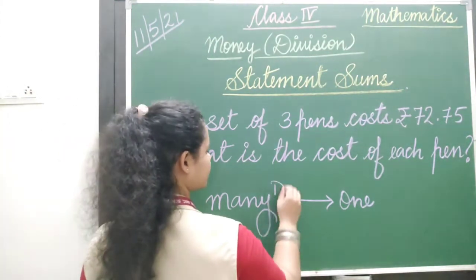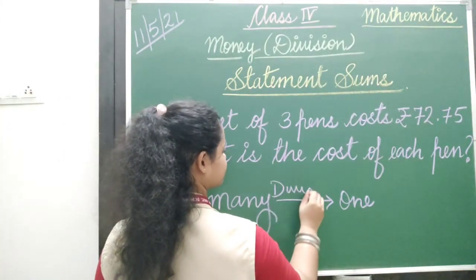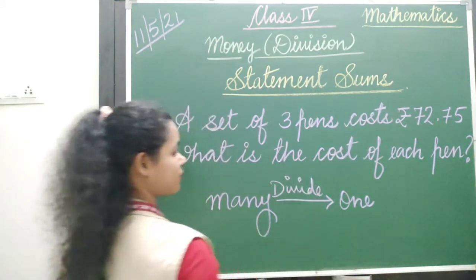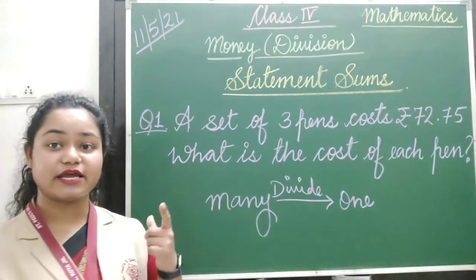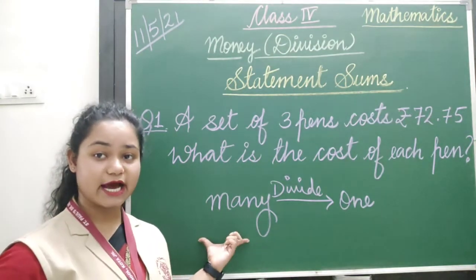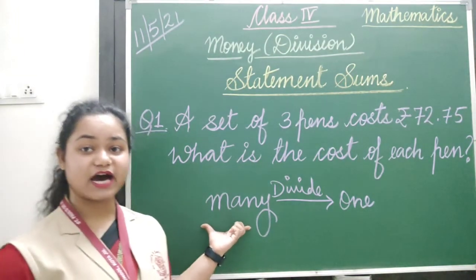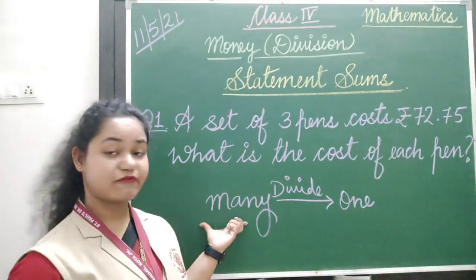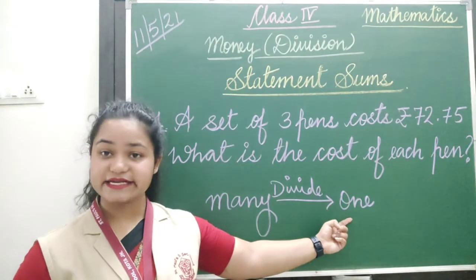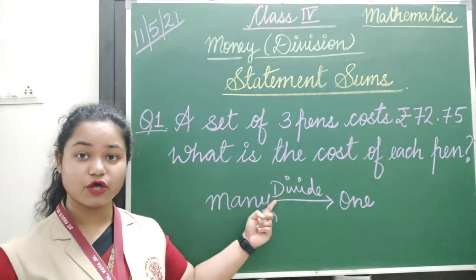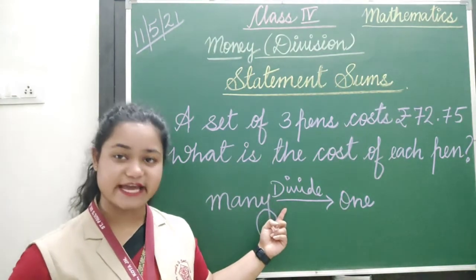We do divide. Okay? What operation we have to do? We have to divide. If the information about many is given and they have asked you to take out information about only one quantity, then in that case, you are going to divide.